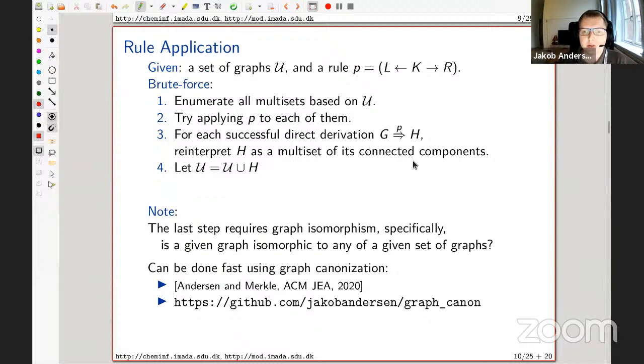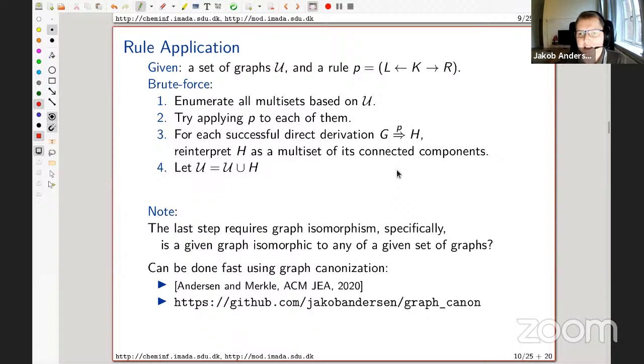A brute force way to do this is to take a set of graphs and then this rule, and ask how we enumerate all the proper derivations. We could just enumerate all multisets of U. Of course, there's no point in enumerating multisets of cardinality larger than the number of connected components in L. But we could do that and then just try to apply, and for each successful application, we take the result H, reinterpret it as a multiset of graphs again, and extend our known universe of graphs with these new graphs.